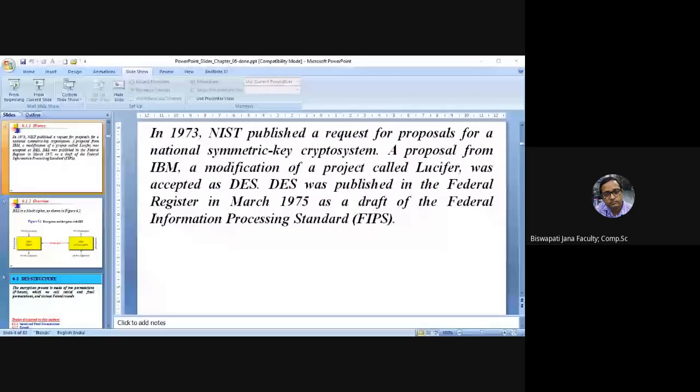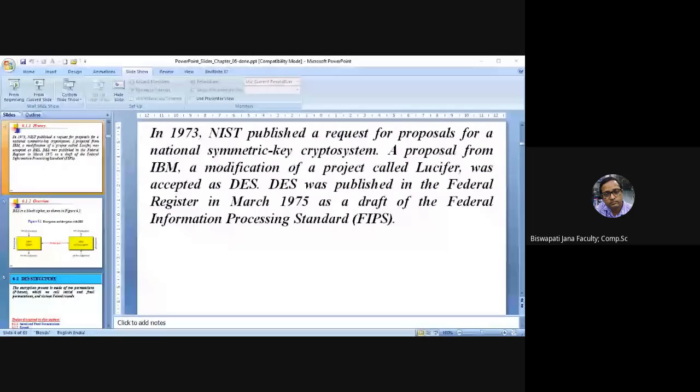So basically this technique has been developed by IBM, and their project name was Lucifer. So this is now quite a standard technique. Nowadays people are using this DES technique for encryption, for public data encryption.